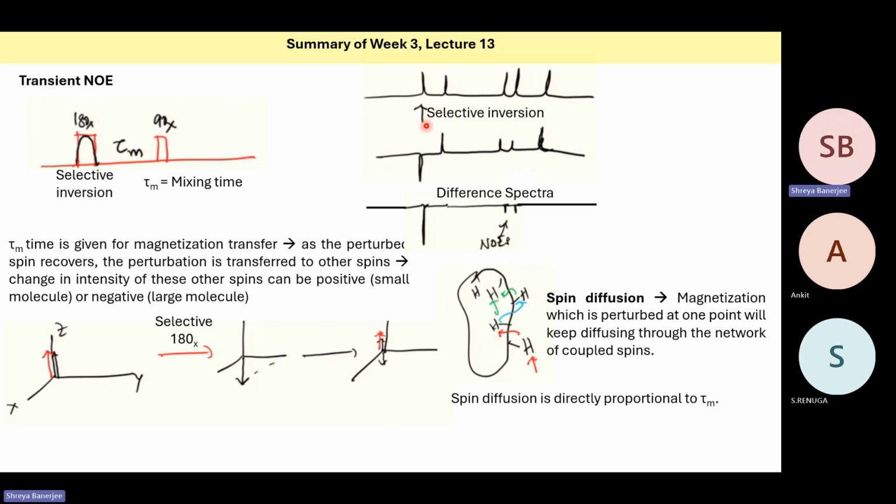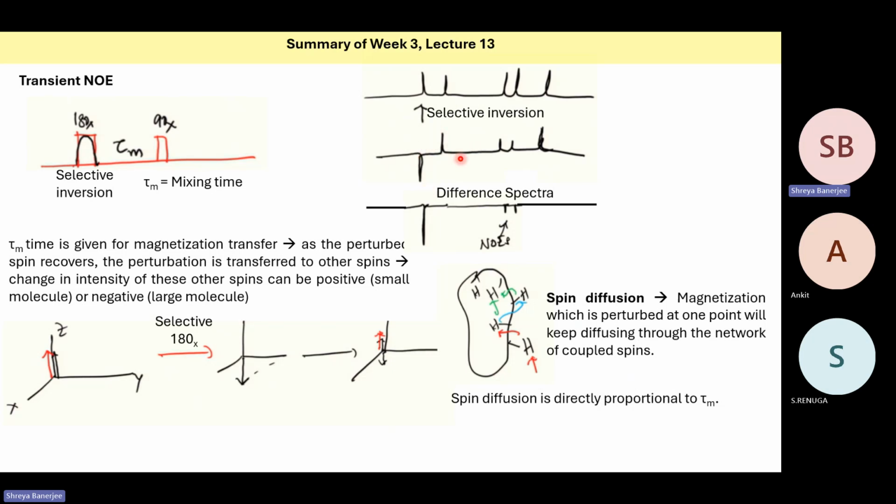We are selectively inverting. Previously you saw in the Watergate that this kind of rounded pulse means that we are selectively giving that pulse to one signal. Suppose we give this 180x pulse selectively to this signal. So this signal will get inverted. So it has come in the negative direction.